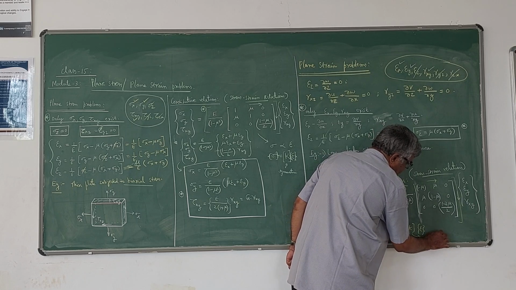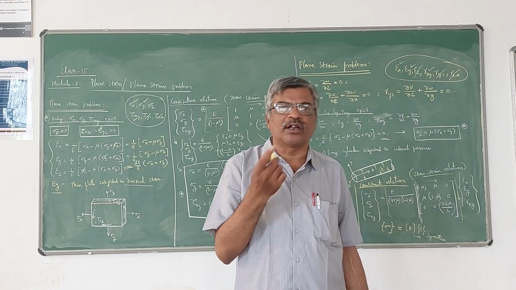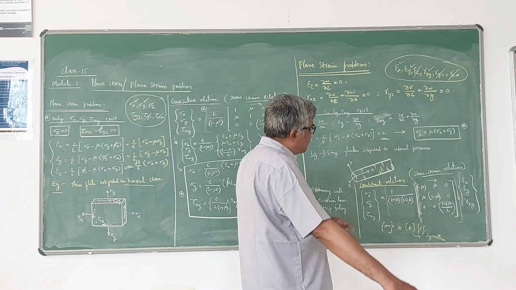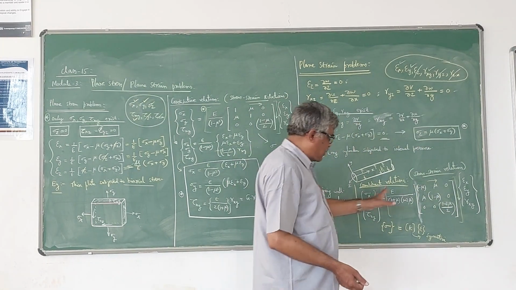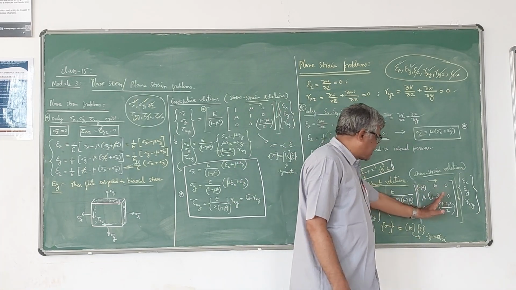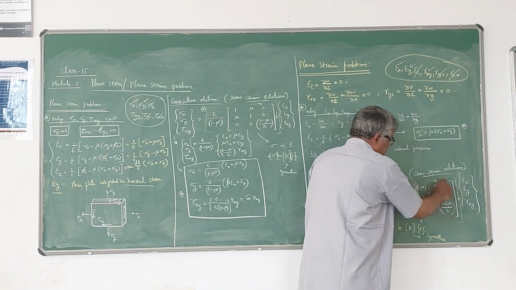So rows and columns, they have the same elements. First row, first column, second row, second column, third row, third column. They have the same elements and it is symmetric. So this is epsilon. That means we can express stress strain relations in the case of a plane strain problem using this relation. So sigma is equal to K into epsilon, where K is this.